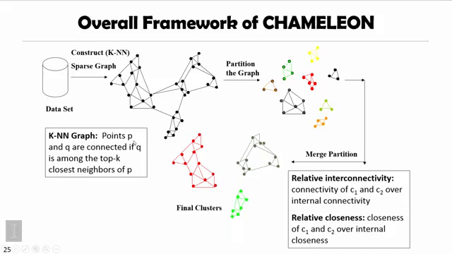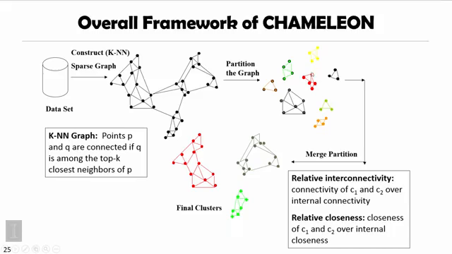Essentially, we assume two points P and Q are connected if Q is among the top K closest neighbors of P. Then based on these k nearest neighbors, you construct this graph. Then we partition this graph into a good number of small subclusters, called graphlets. After this partitioning, we are going to merge them into high-quality clusters.